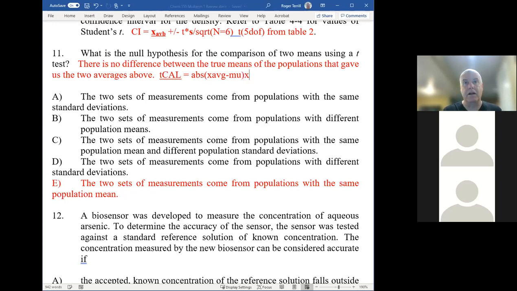And that's times square root of n over s, right? So that's basically my answer there.